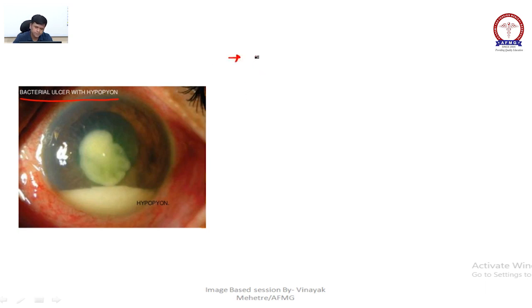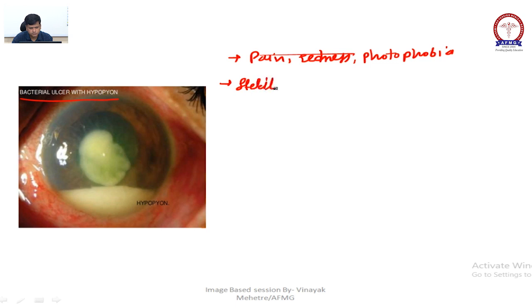Here you will see pain, redness, and photophobia, with sterile hypopyon. This one looks sterile, completely white, okay, sterile hypopyon.